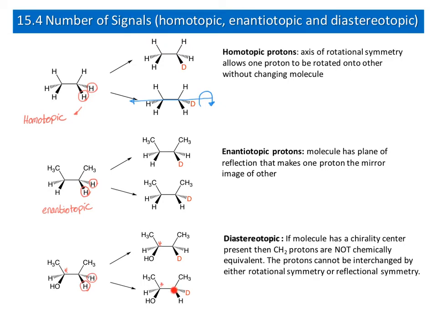However, the configuration of the generated chiral center should be opposite in the two structures. And if you remember, when two molecules have the same configuration in one chiral center and the opposite configuration in the next chiral center, they are diastereomers. So these two protons should be diastereotopic.